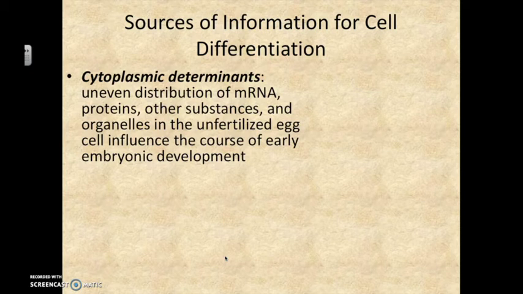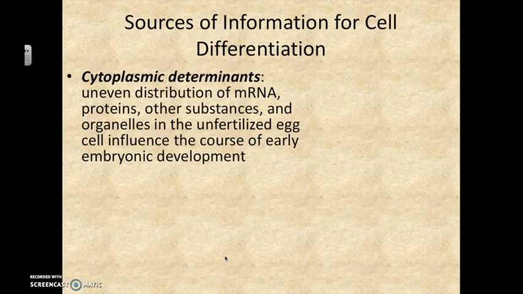And they're unevenly distributed. So this could be collections of mRNA molecules that are transcribed from mom's DNA, proteins that are produced by mom's cells, other substances that are being incorporated, maybe they're ion concentrations, whatever it might be. Even the organelles may be unevenly distributed so that certain cells have higher numbers of a particular organelle over others.